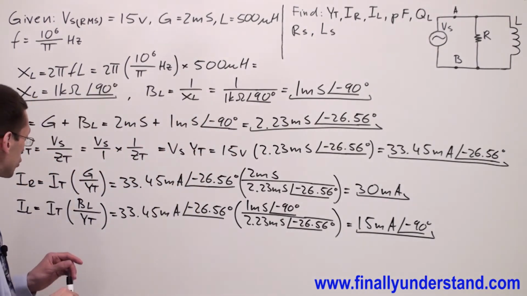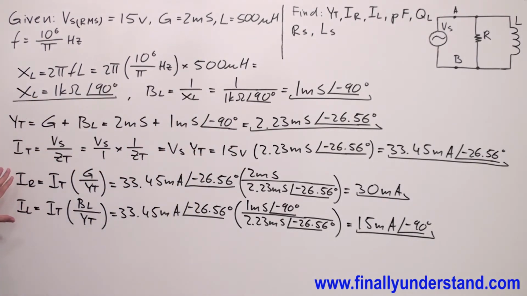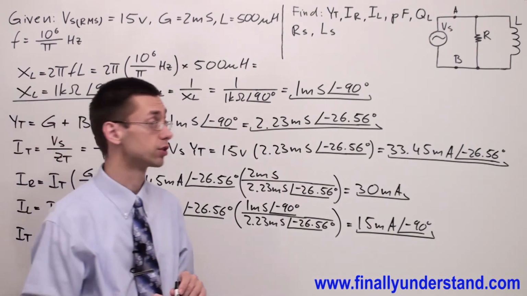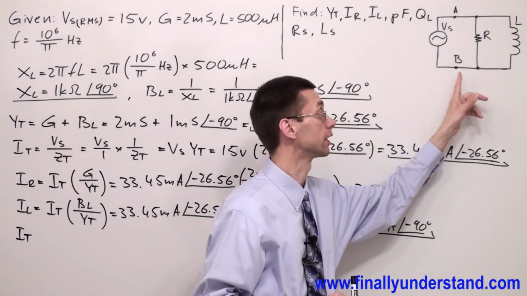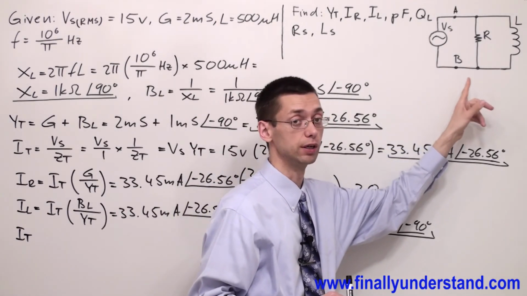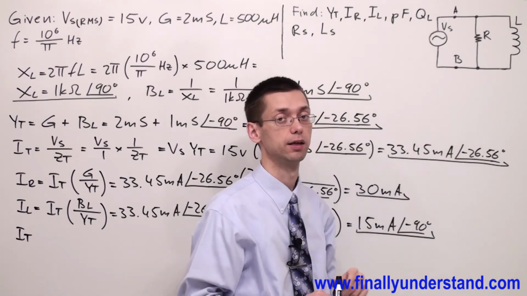Now we're supposed to verify if our answers are correct. It's always good to check if these two currents are correct. So I have I total, I have to use KCL. Kirchhoff's current law says that if you add the current which goes through the resistor and the current which goes through the inductor, you are going to obtain I total.